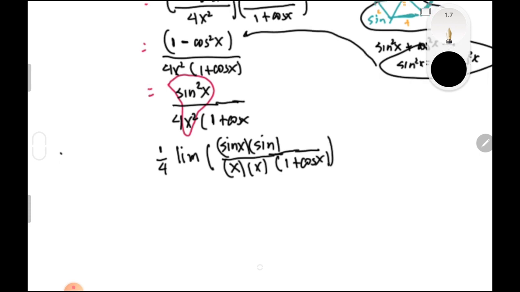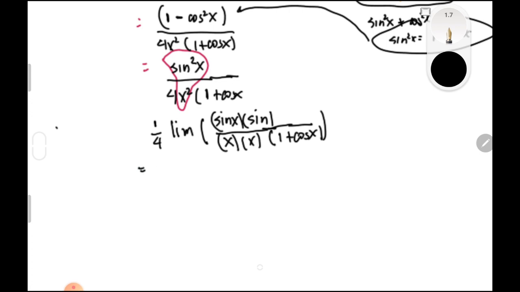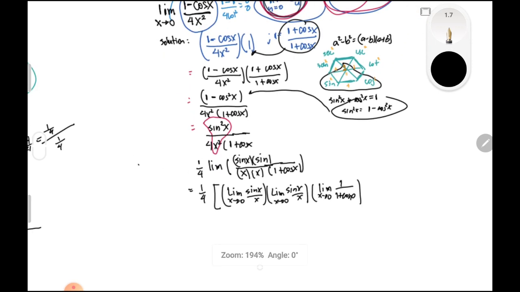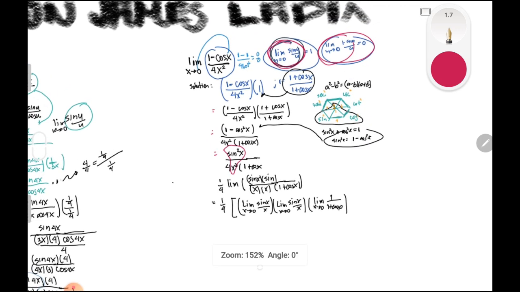By the distributive property of limits, we'll have 1/4 multiplied by the limit of sine x over x as x approaches 0, multiplied by, from our multiplication rule, the limit of sine x over x as x approaches 0, multiplied by the limit of 1 all over 1 plus cosine x as x approaches 0. From this you can already see our theorem of limits. So this is it.